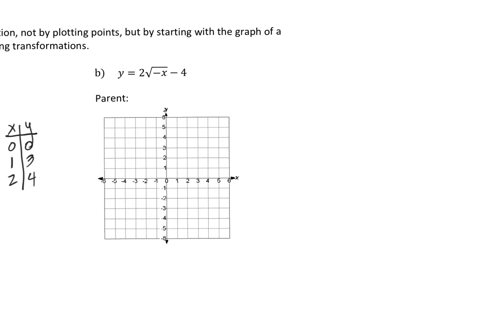So again, we're going to look at things that affect the x first. Now, underneath this square root, there's a negative on top of the x. So that means I'm going to reflect across the y-axis first. My parent graph is, take away all the numbers, you just get square root of x. So (0, 0), (1, 1), (4, 2).